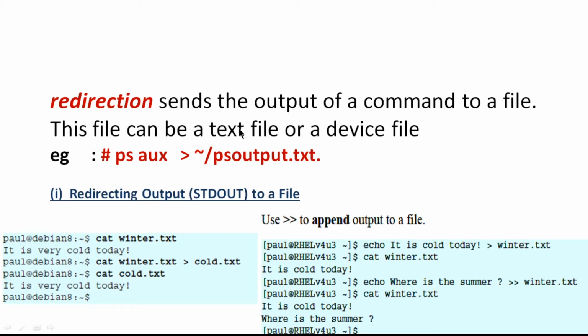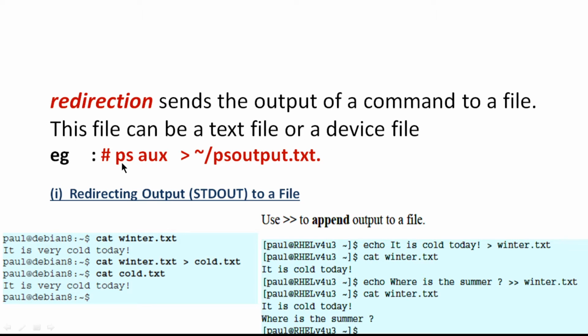Then there is the next thing called redirection. Redirection sends the output of a command to a file, and this file can be a text file or it can be a device file.